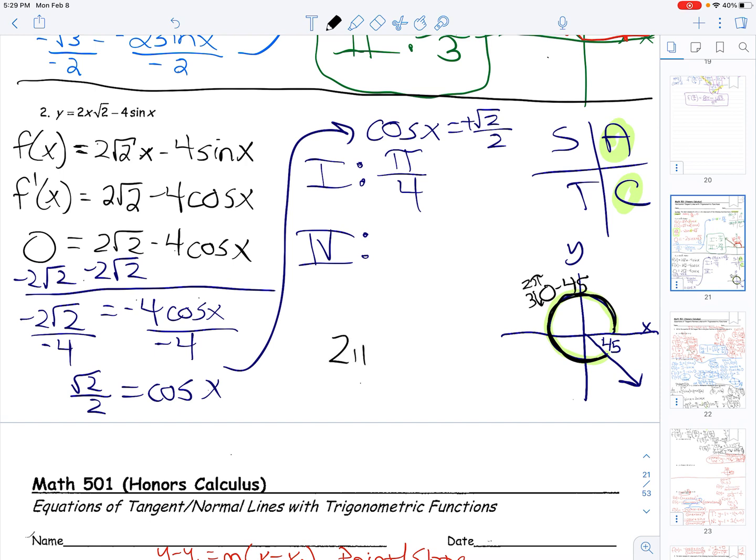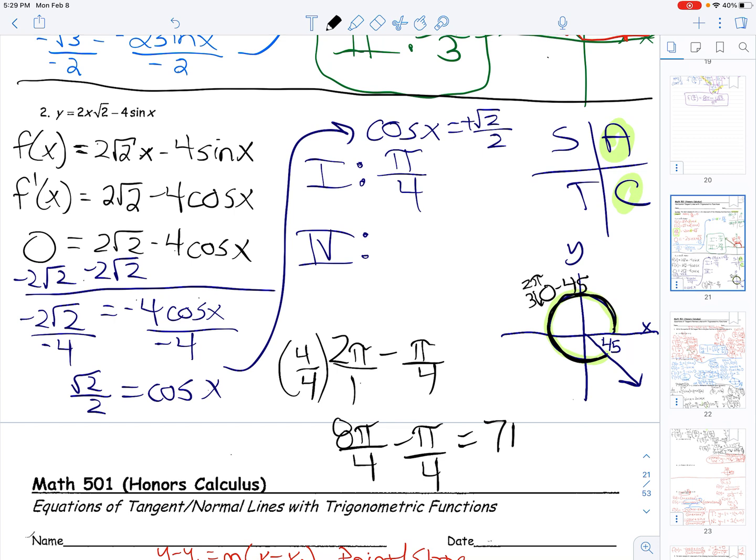Now we want that in radians. Pi radians is 180 degrees, which means 360 degrees is 2 pi radians. So you're going to do 2 pi radians minus the 45 degrees, which is pi over 4.